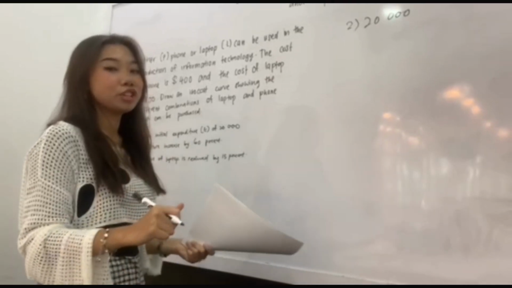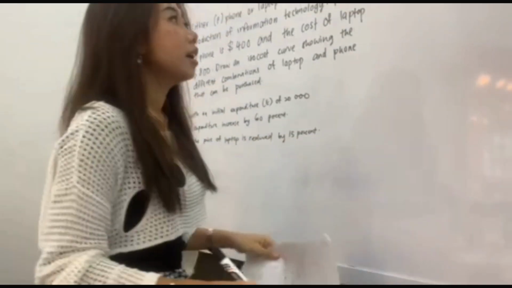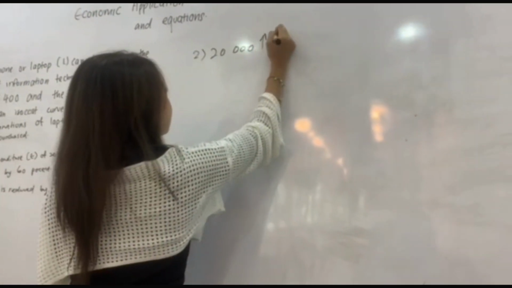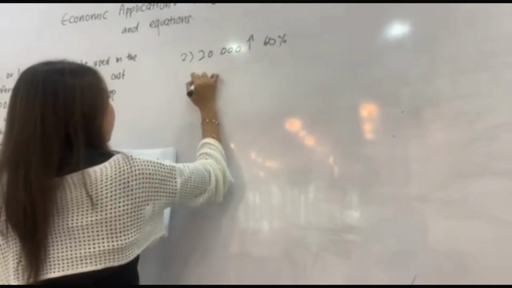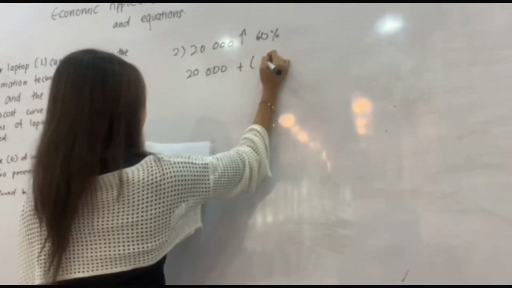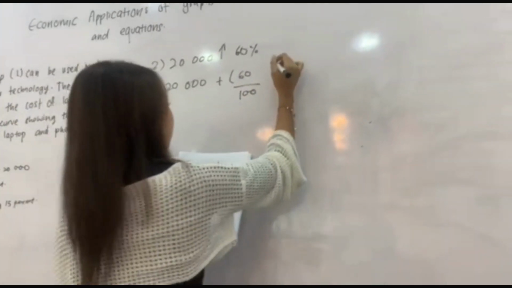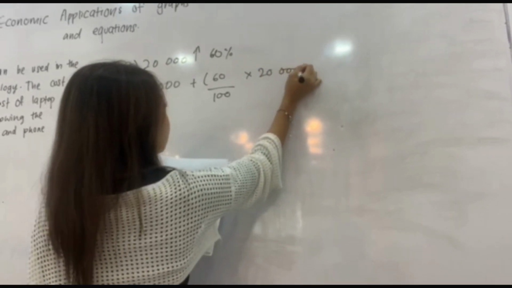Go to the next question, which is if expenditure increased by 60%, how do we count it? So 20,000 up 60%. So we need to do the formula first. 20,000 plus, in the bracket, 60 divided by 100, times 20,000.